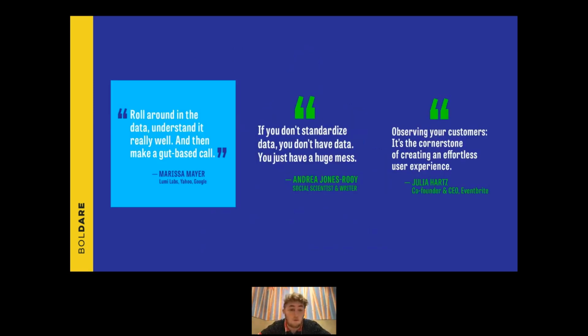But there are three following ones that also should somehow push you through this customer-centric approach. One is about the data: roll around in the data, understand it really well, and then make a gut-based call. And here I will underline this gut-based call. Sometimes data is not enough.